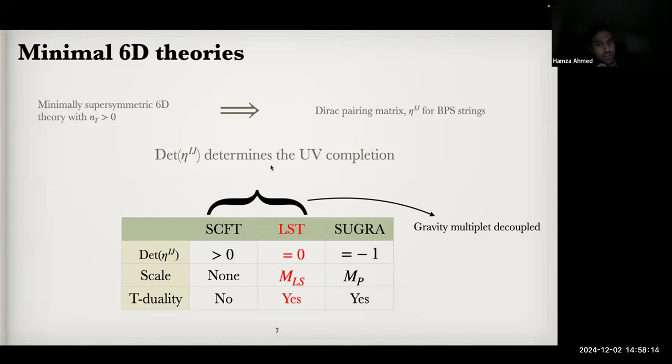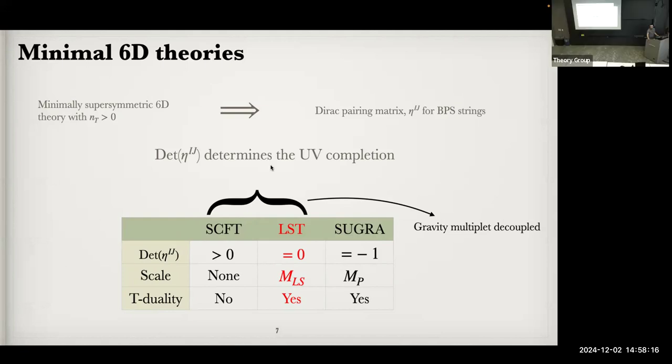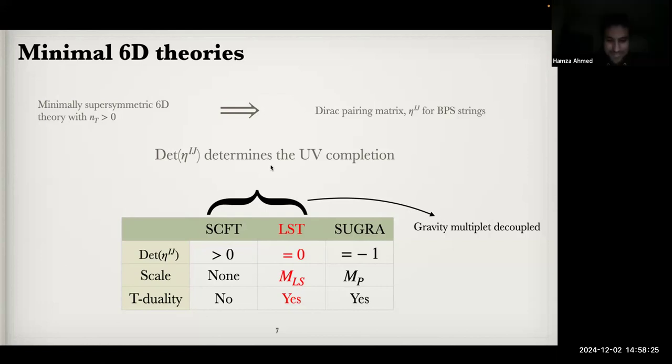In that case it would be AdS7 times S4. But the interesting thing is the LST is the asymptotically linear dilaton background. Yes, which somehow is determinant equals 0.